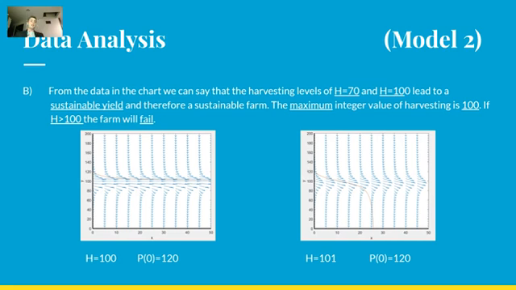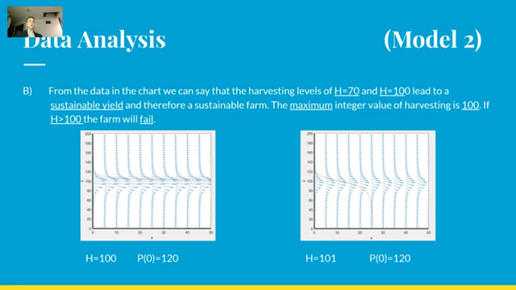Now looking at the data in the chart, we can say that the harvesting levels of h equal to 70 and h equal to 100 lead to a sustainable yield and therefore a sustainable farm. The maximum integer value of harvesting is 100. If the harvesting value is greater than 100, the farm will fail.